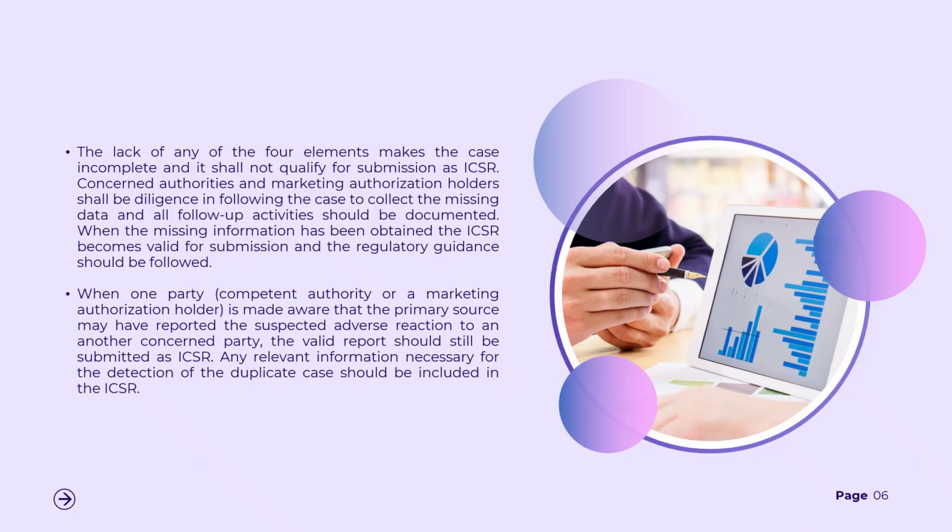If I talk about a simple valid ICSR in a single line, I would say a 52-year-old female developed severe nausea and vomiting after taking metformin 500 mg twice daily for diabetes. The case was reported by her physician, Dr. Ali Khan from Karachi, Pakistan. If we look at the four required elements, we have an identifiable reporter, which is Dr. Ali Khan from Karachi, Pakistan.